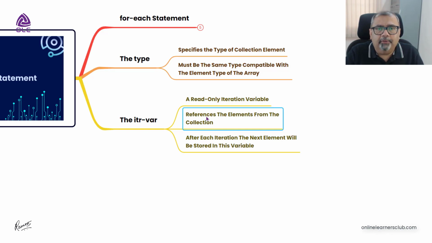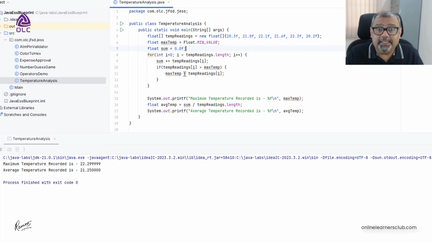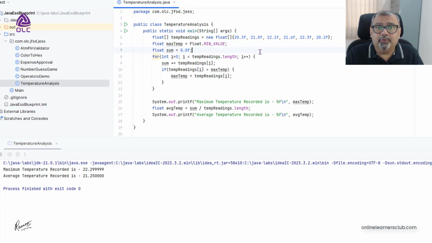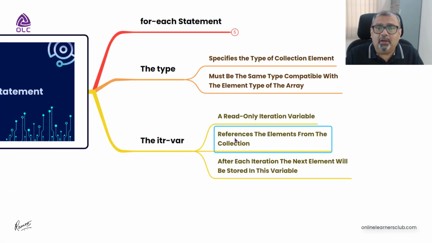For example, in the temperature analysis program we wrote, we extracted the element from the array and referred to it as temperature readings of i. Instead, there is a variable already given as part of the for each statement. So that's the basic concept.